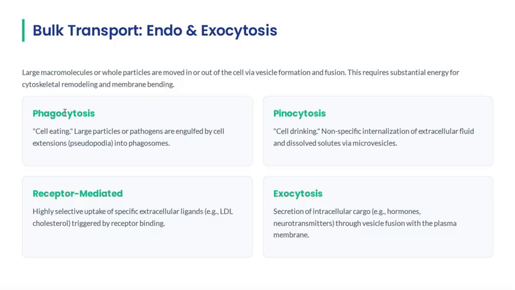So phagocytosis is when the cell eats large particles or pathogens, where they are fully engulfed by cell extensions into phagosomes. And then we have pinocytosis, where the cell is drinking the extracellular fluids and dissolved solutes via microvesicles.